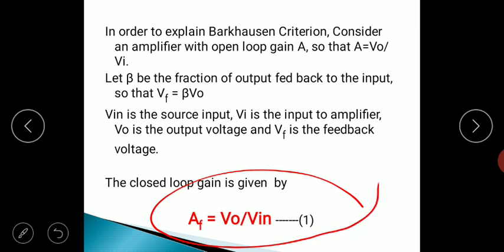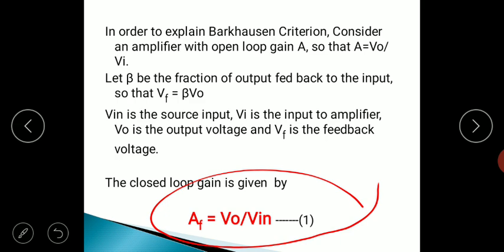Now, the derivation for this is almost the same as that of the negative feedback. In fact, the same derivation in the previous lecture we have done twice. One for the general negative feedback block diagram and one for the voltage series feedback amplifier. The derivation is the same. Here also everything is the same. Just a difference of one sign. The negative sign is converted to a positive sign here.